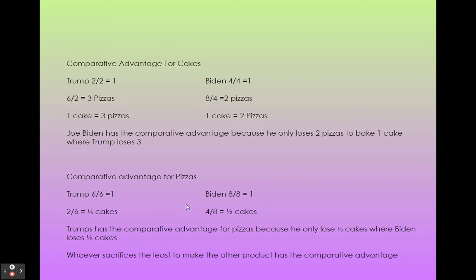Therefore, he does not have the comparative advantage for pizza. So what it comes down to is Biden has the comparative advantage for cake, and Trump has the comparative advantage for pizza.